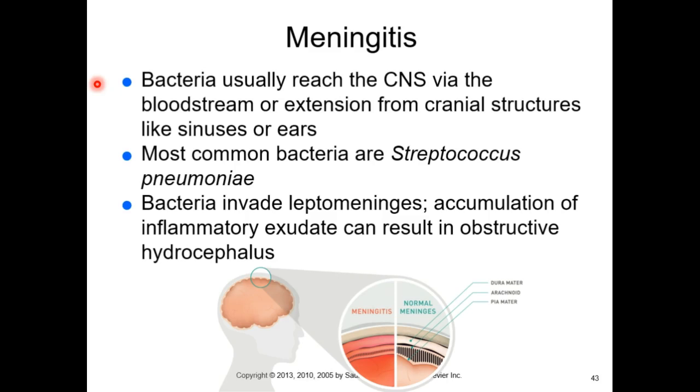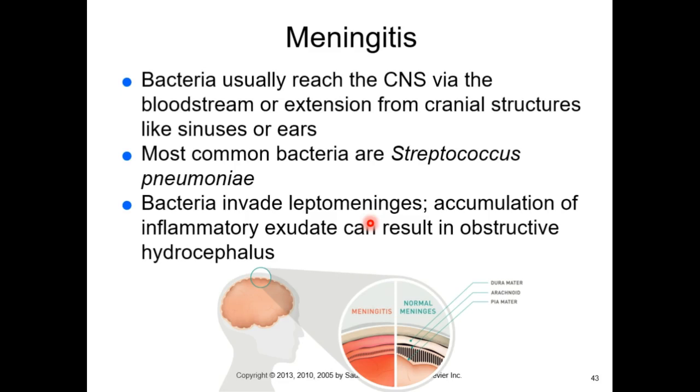So again, it's most likely to be strep. And again, we're worried about accumulation of inflammatory exudate. If that makes it into the ventricles, remember our ventricular circulation, our CSF circulation, goes through some tight spots. Those interventricular foramina, that cerebral aqueduct, those median and lateral apertures, right?